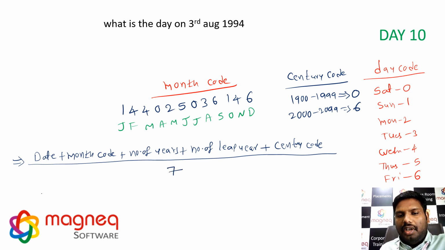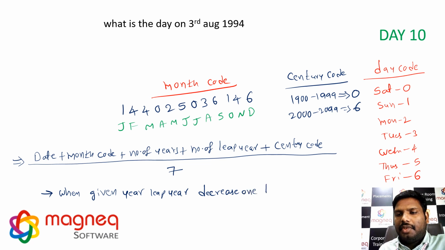And only one condition: when the given year is a leap year, decrease 1 day from the remainder.